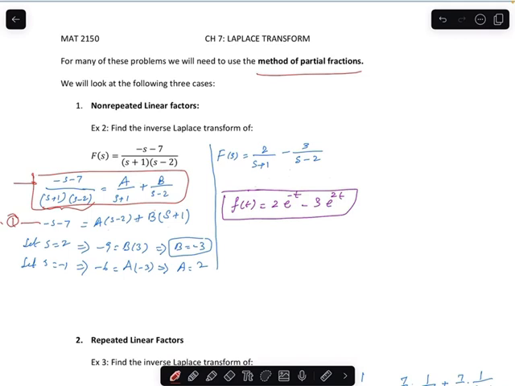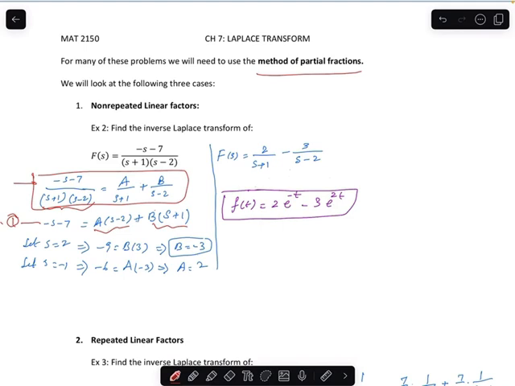So what are those specific values? We try to pick values such that one time this term becomes 0 and the next time this term becomes 0. This suggests that we pick s equal to 2 and s equal to negative 1.